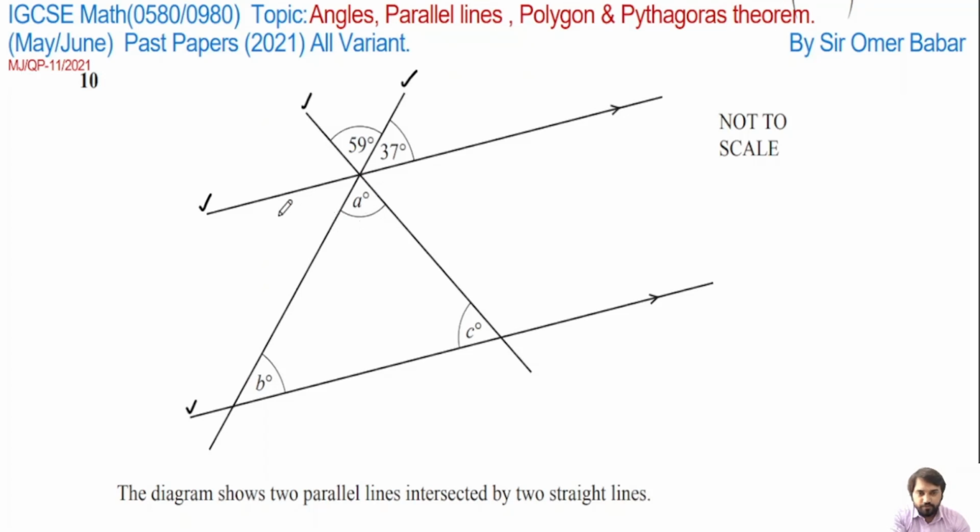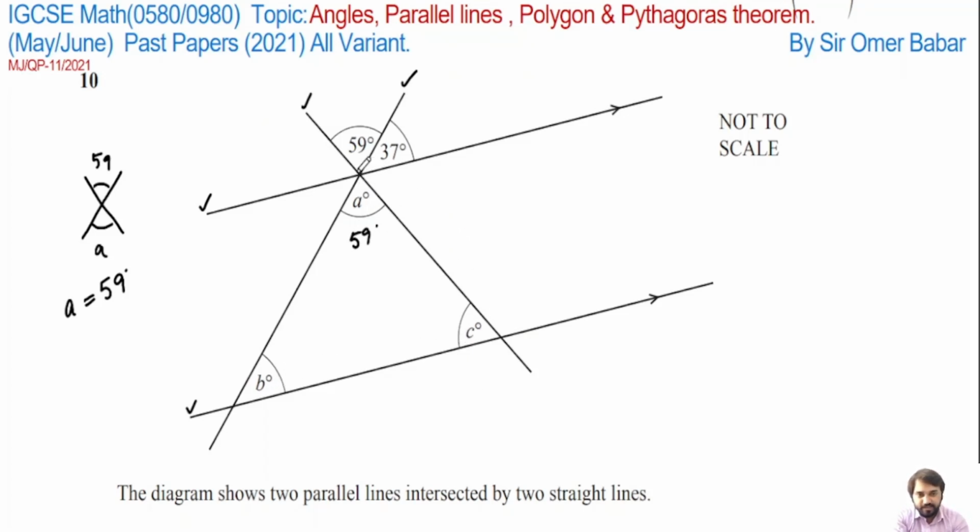For the value of A, we can see we have a cross, and for the cross, we know vertically opposite angles are equal. If this is A and this is 59 degrees, then A is equal to 59 degrees. This is our first answer. What about angle B and angle C?